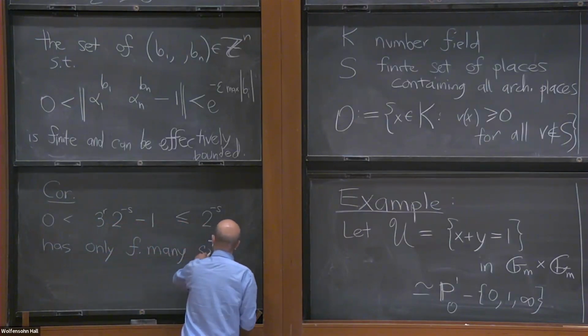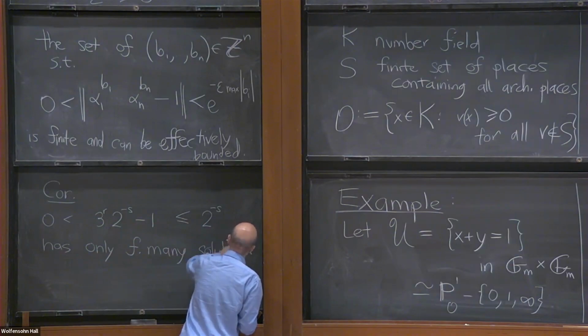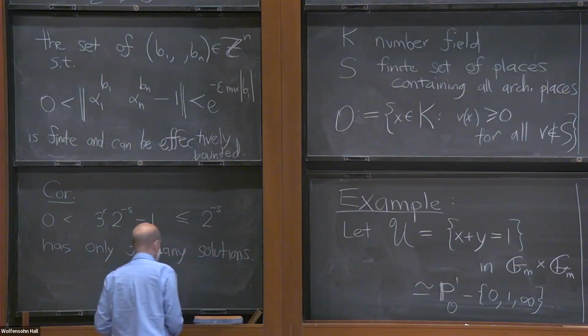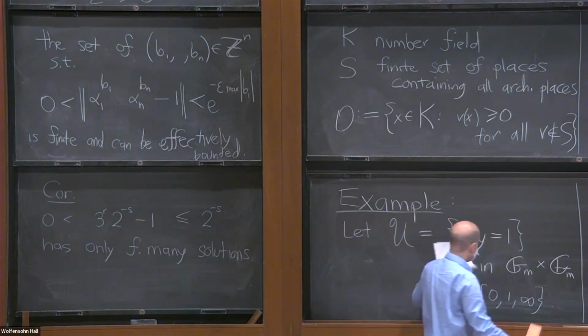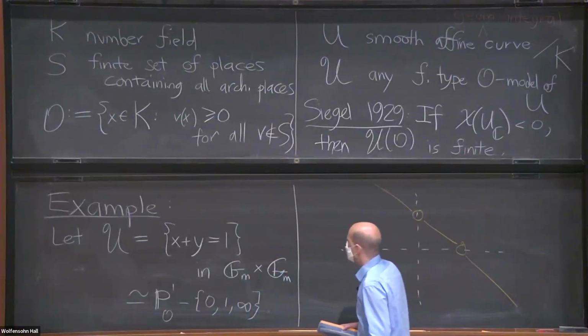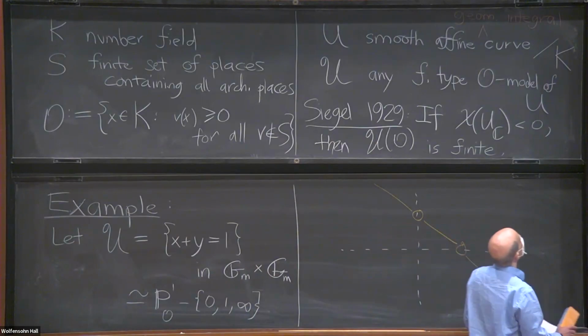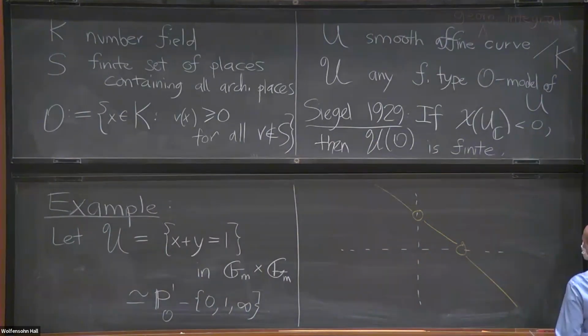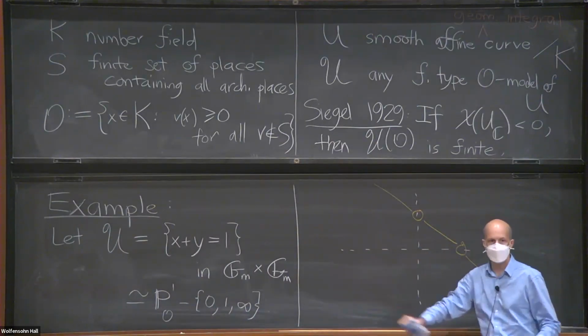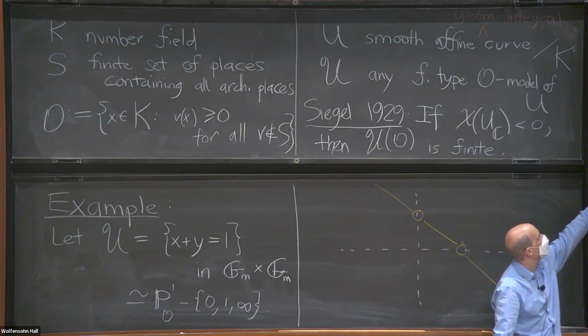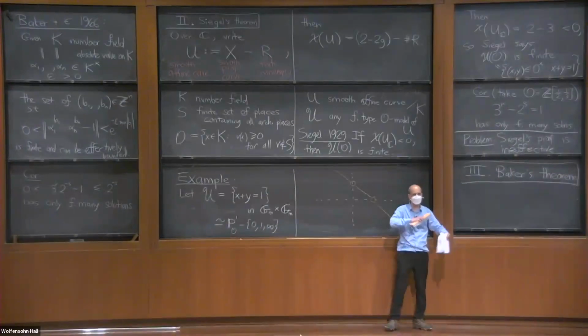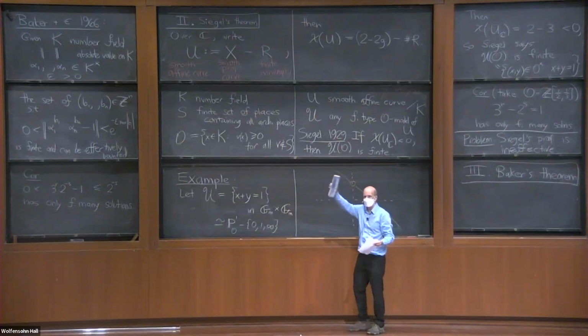Okay, that's just one example, but you can apply the same idea. This is what Baker did to study the S-unit equation, the one on the upper board, because the S-integers form a finitely generated multiplicative group. It's not just powers of one number like 3 to the R, but a finitely generated multiplicative group.